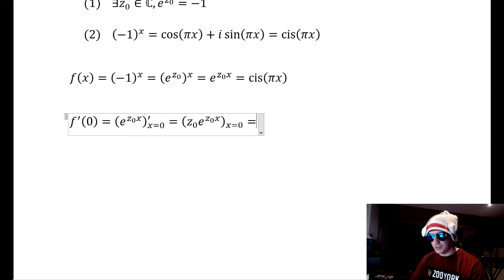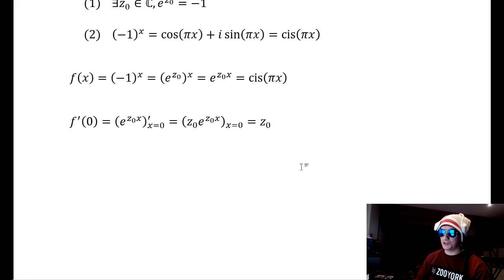And since e to the z naught times 0 is e to the 0, which is 1, this is all just z naught. Well, that's just doing the derivative at 0 of one of the functions.